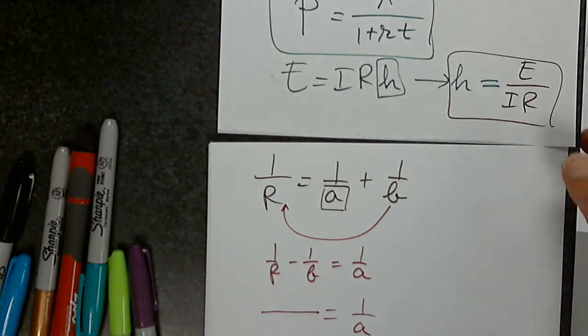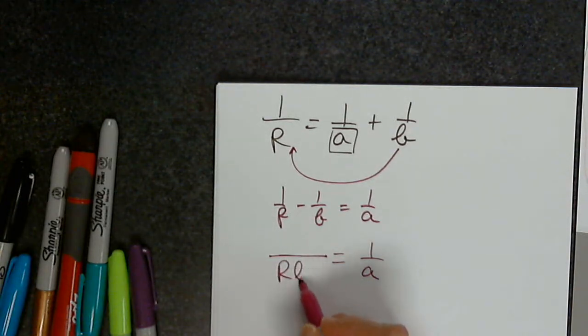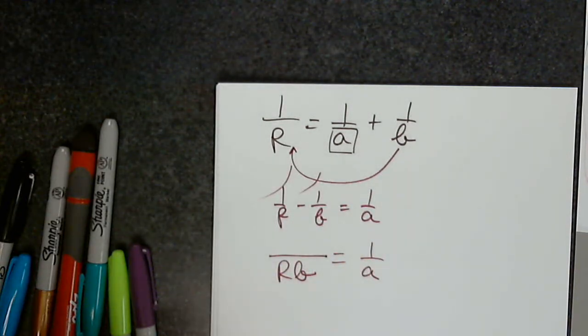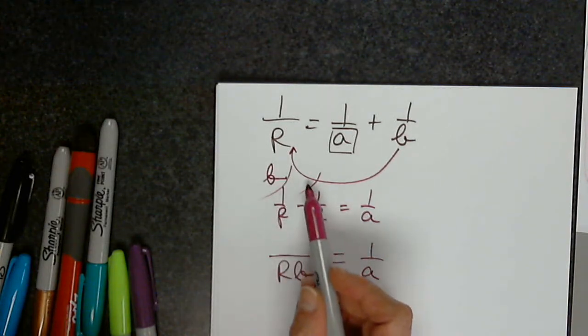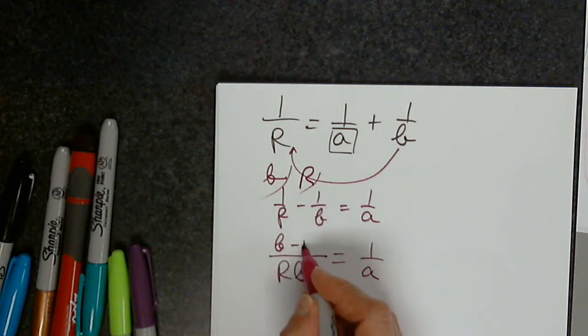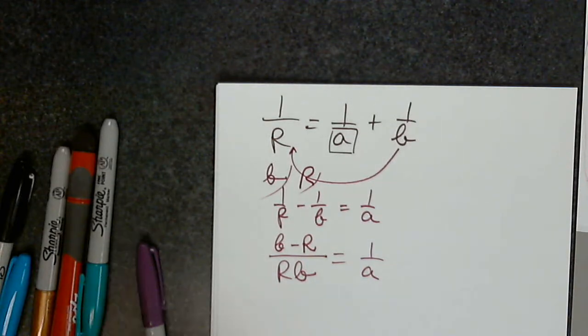What will be the least common denominator on the left? Of course, R and B have nothing in common. It has to be the product of the two, RB. And now what does each top need? B and R. So it's B minus R. Now, there is a minor trick here.